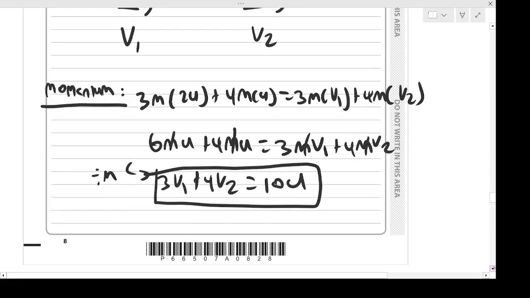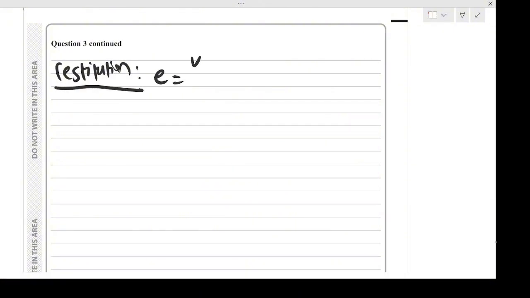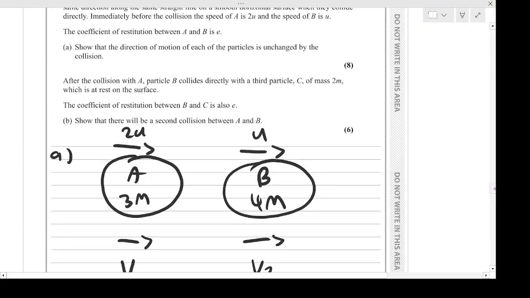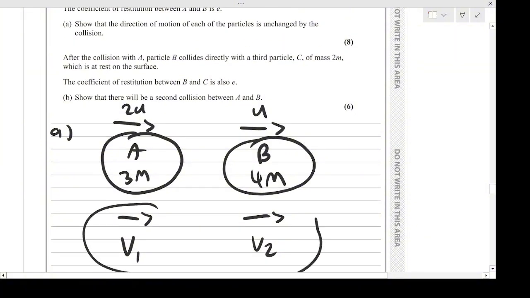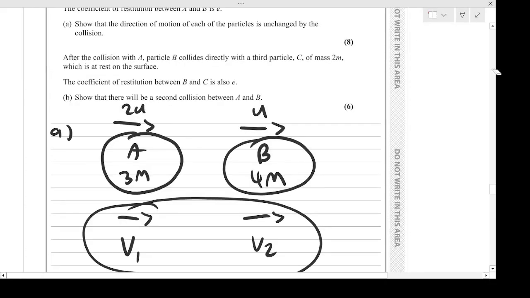Then restitution. The straightforward way I like to calculate E is this formula here: V2 take away V1 over U1 take away U2. In this case, we have V2 and V1 right here, so we're just going to take them away. And then U1 take away U2.